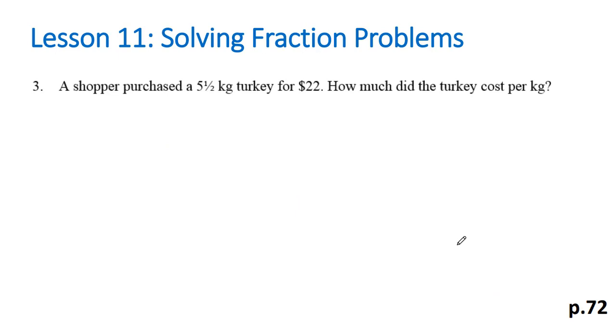For question number 3, we won't solve this one, but a shopper purchased a 5.5 kilogram turkey for $22. How much did the turkey cost per kilogram? If we look at what the question is asking, the question wants to know money per kilogram. The question is wanting to know 2 units, money and kilograms.